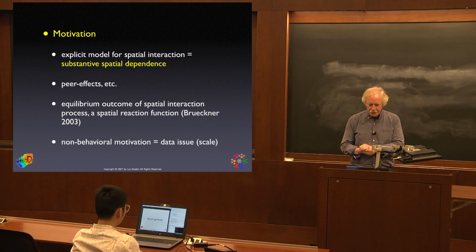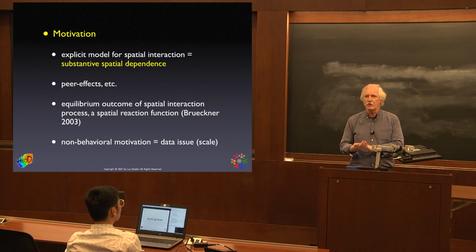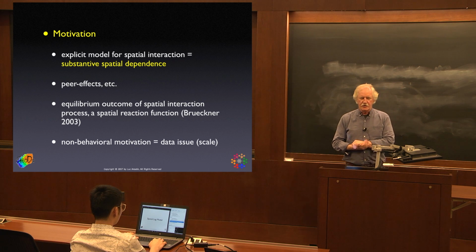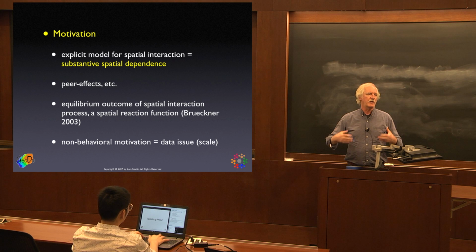So there is a little bit of literature on a theoretical motivation for a spatial lag model, which is the equilibrium outcome of a spatial interaction process.